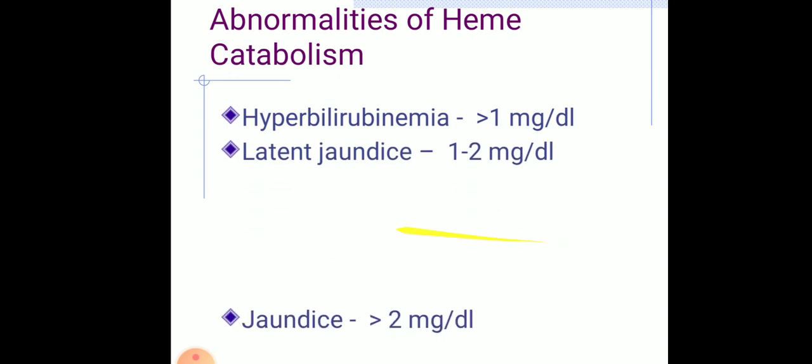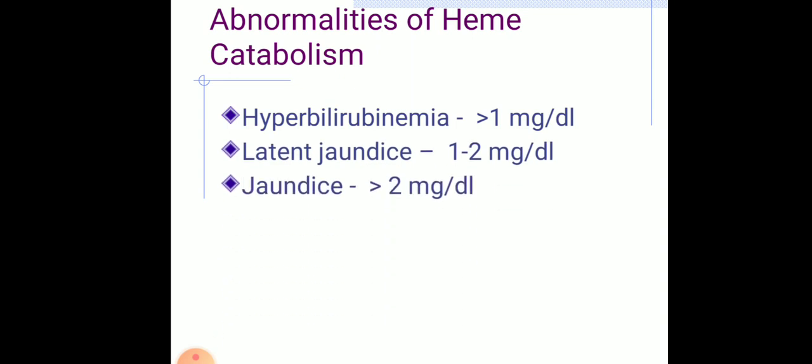Okay. Now, what are the abnormalities of heme catabolism? There are three types of abnormalities of heme catabolism. One is hyperbilirubinemia, the second is latent jaundice, and the third is jaundice. Okay, what is hyperbilirubinemia? When serum bilirubin is more than 1 milligram per deciliter, it is known as hyperbilirubinemia.